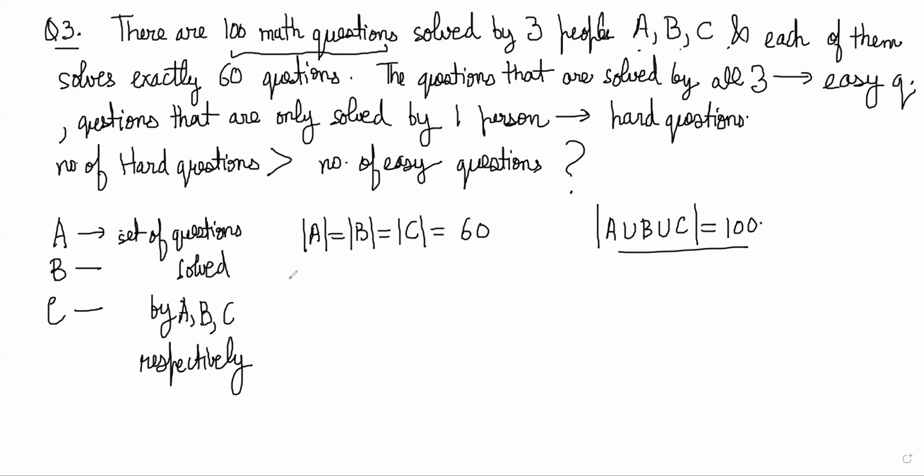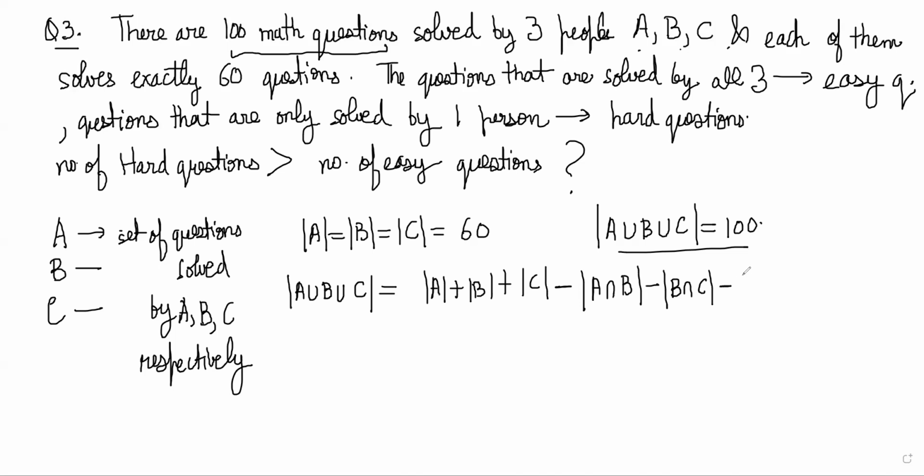Now, if you use the dual form of the inclusion and exclusion principle, the union form, you'll say this should be equal to mod A plus mod B plus mod C minus mod of A intersection B minus B intersection C minus C intersection A plus A intersection B intersection C, right?